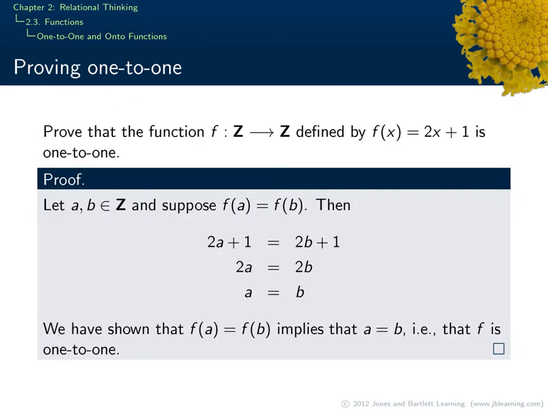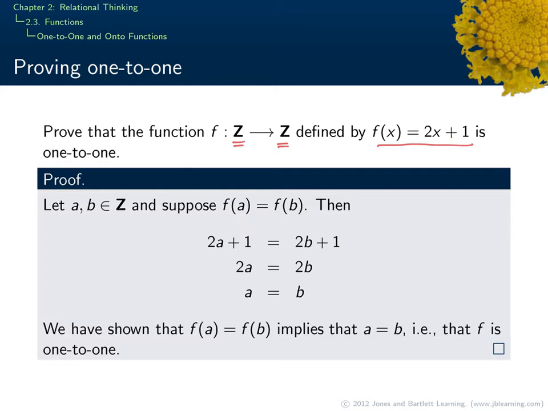Here we show how to prove a function is one-to-one. We start on this slide with a function f from the integers to the integers, given by this rule. And maybe we should convince ourselves that this really is a function.